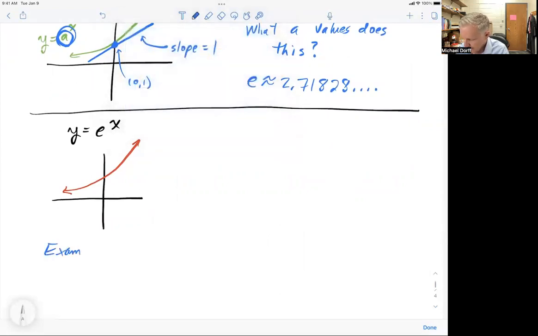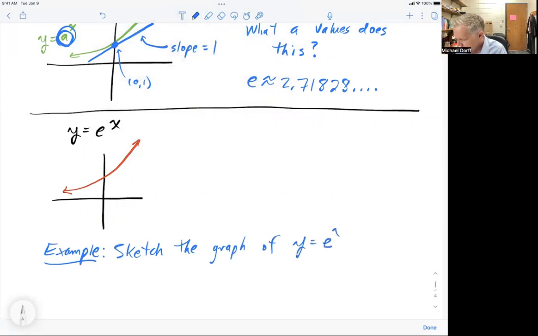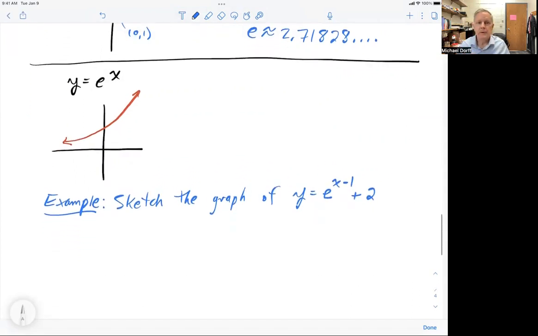So here's an example. We want to sketch the graph of y equals e to the x minus 1 plus 2. All right, so going from what we talked about earlier in the first section of this course, this is where we're doing transformations of the graph. So I've got two things happening here.